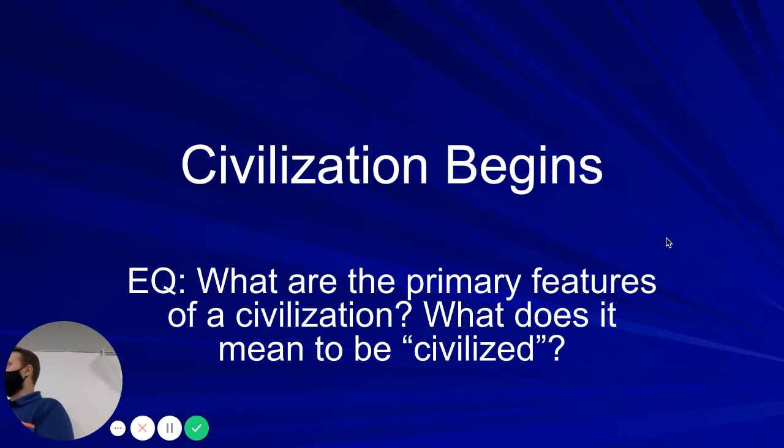Okay, so with civilization, the big question we're trying to answer here is, what are the primary features of civilization? What does it mean to be civilized? Because our need to know is, what do we need to know about our civilization? What are we trying to figure out?